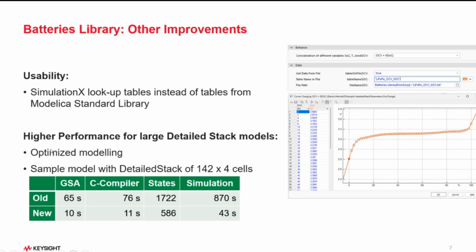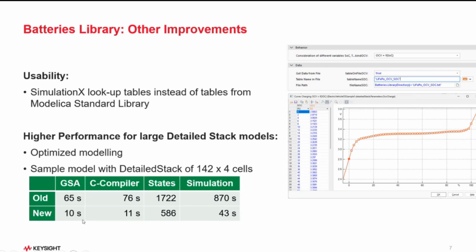And we optimized the internal modeling of the batteries, which leads to a much higher performance for large detailed stack models. I have here a comparison of a sample model with a detailed stack which consists of 142 times 4 cells, which is close to, I think, 600 cells.